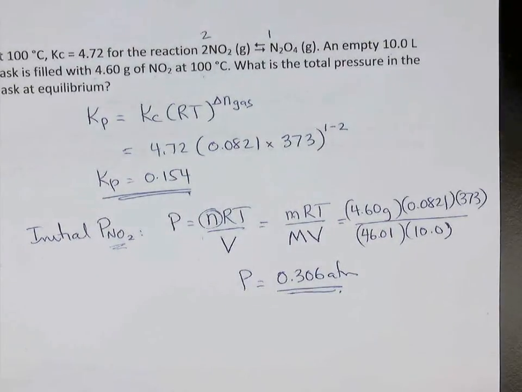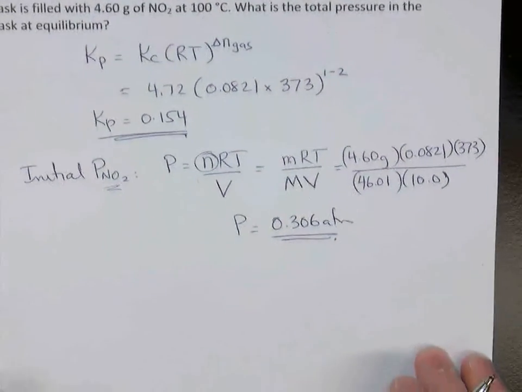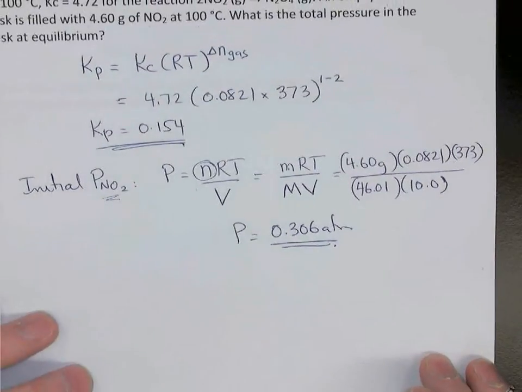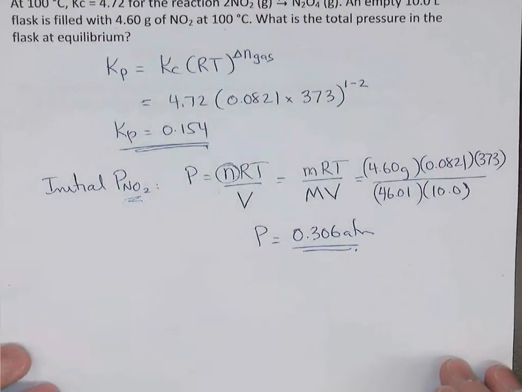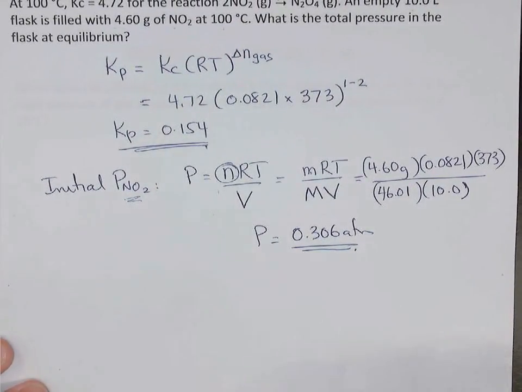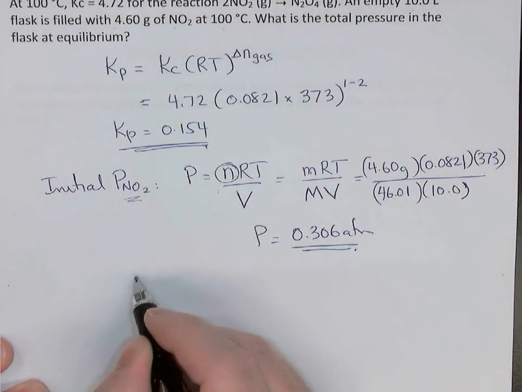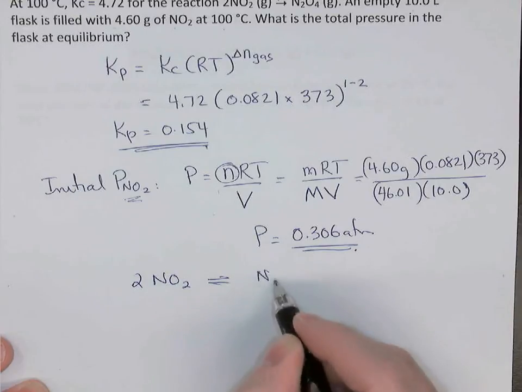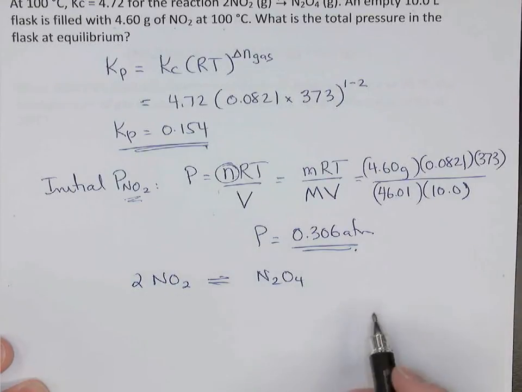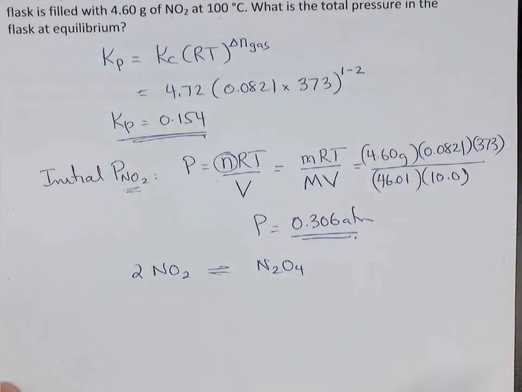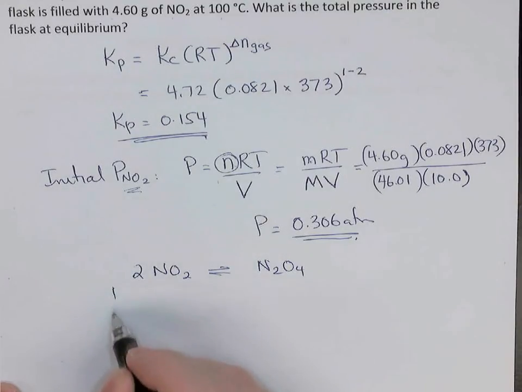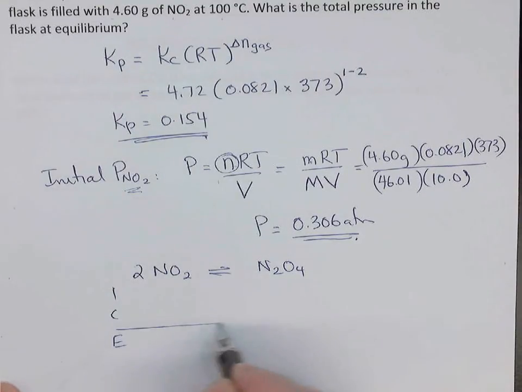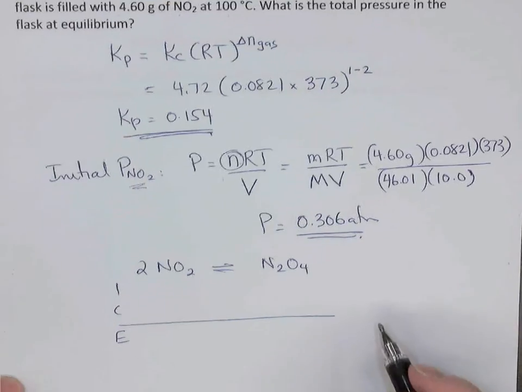Now, again, we know the initial situation, and we want the equilibrium total pressure. Don't let that bother you yet about the total pressure. We'll deal with that at the end, but hopefully you recognize we need an ice table. So 2 NO2 becomes N2O4, and again I'm leaving out the phases just because everything here was gas. ICE, initial change equilibrium.